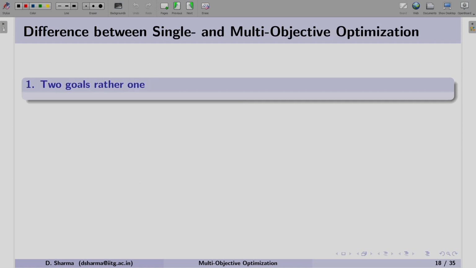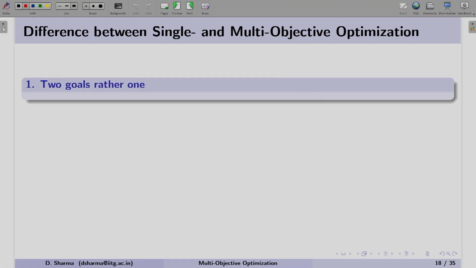Now, with an understanding of the principles of multi-objective optimization, let us discuss the differences between single and multi-objective optimization. We will begin with two goals rather than one. We remember that when we solve single objective optimization, we have just one objective and, suppose, we want to minimize it.